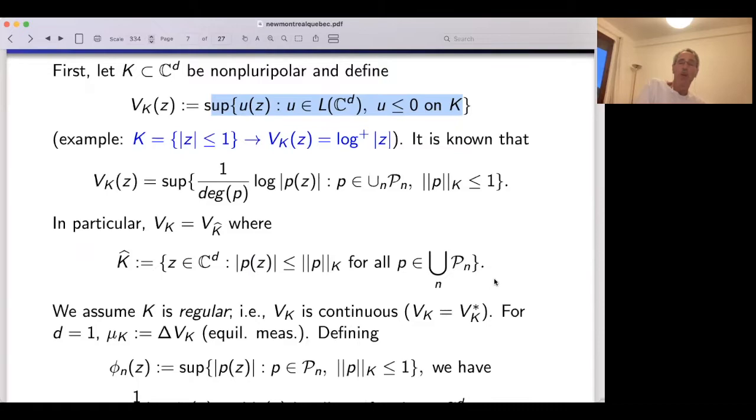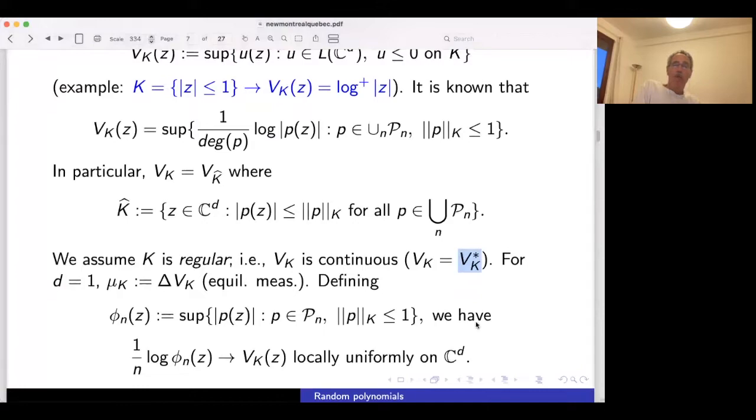So in general, you need to take an upper semi-continuous regularization, the smallest upper semi-continuous function bigger than that supremum, and that's what this star denotes. So if you see this asterisk later on, that's what it means. So we're assuming that V_K equals its upper semi-continuous regularization V_K star.